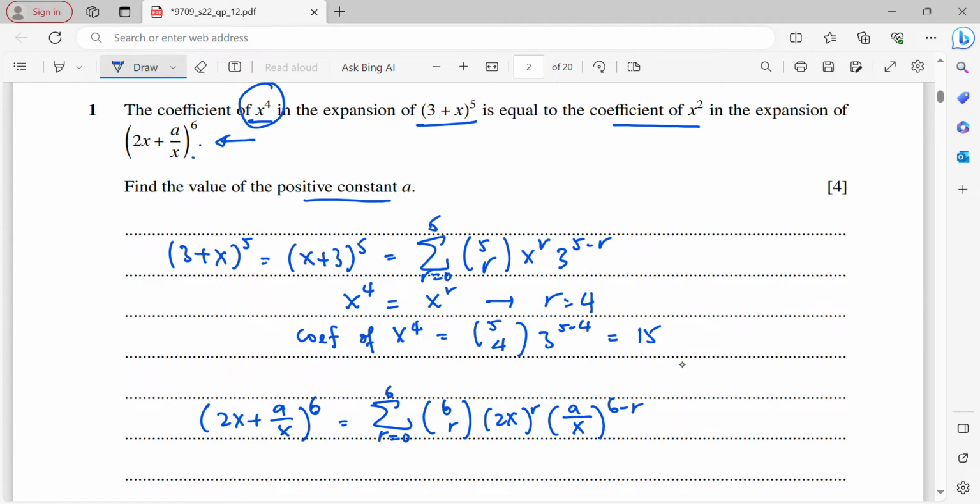From here I can split it again because you have more than one term with the x there. So this r will go into the bracket, then I will get 2^r times x^r. Then this 6 − r goes into the bracket as well, so a^(6 − r). Now your x is at the bottom, I will move it up, so it is x^(−1) to the power 6 − r.